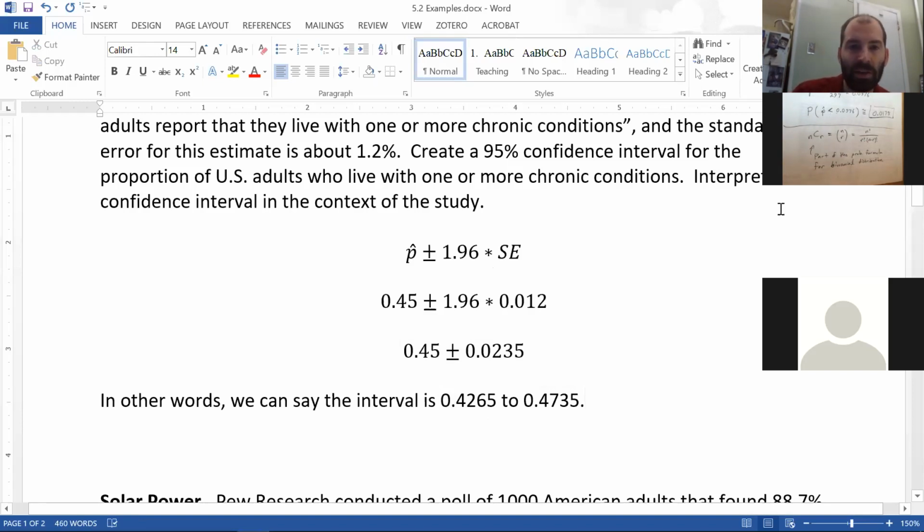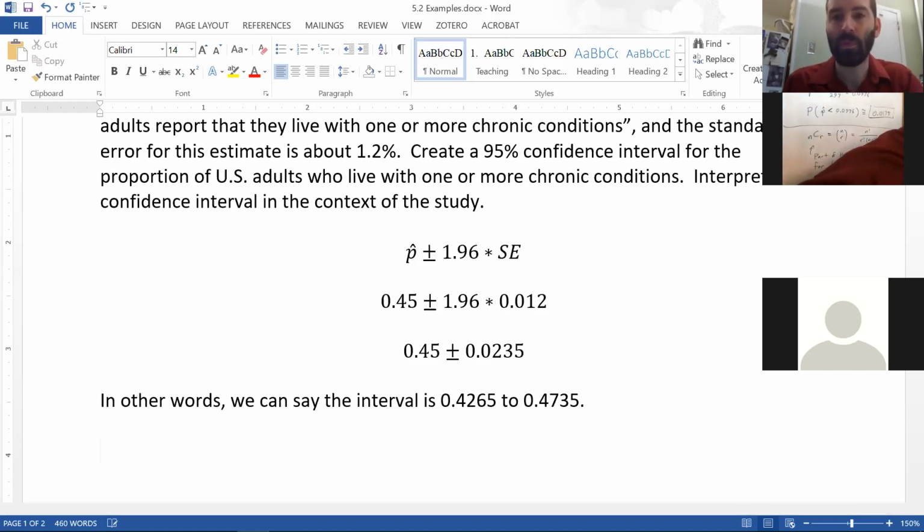How do we interpret the confidence interval in the context of the study? What we're saying is that with 95% confidence, we expect the true proportion of US adults who live with one or more chronic conditions is, I can either say this or write it like I did down there.